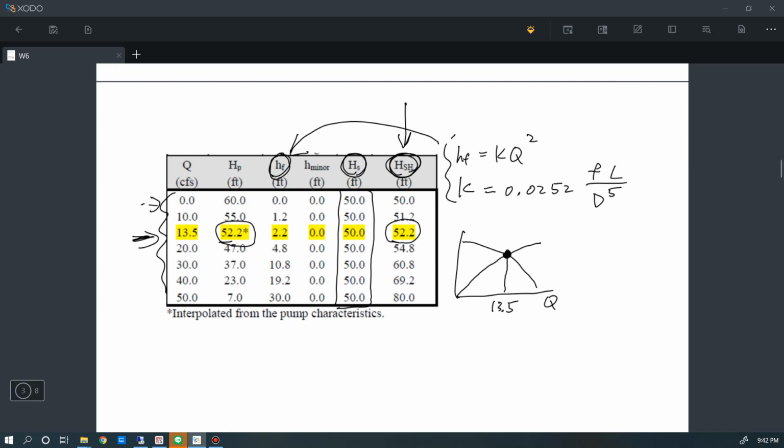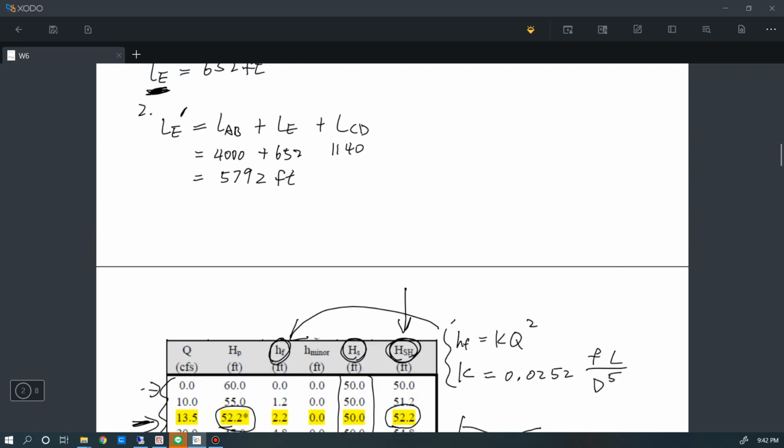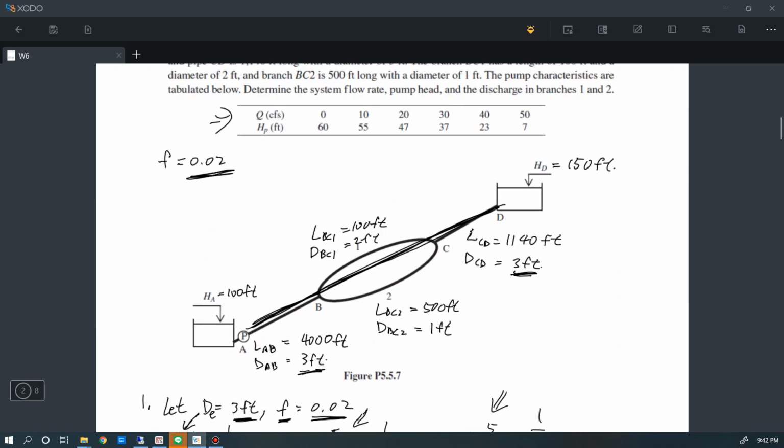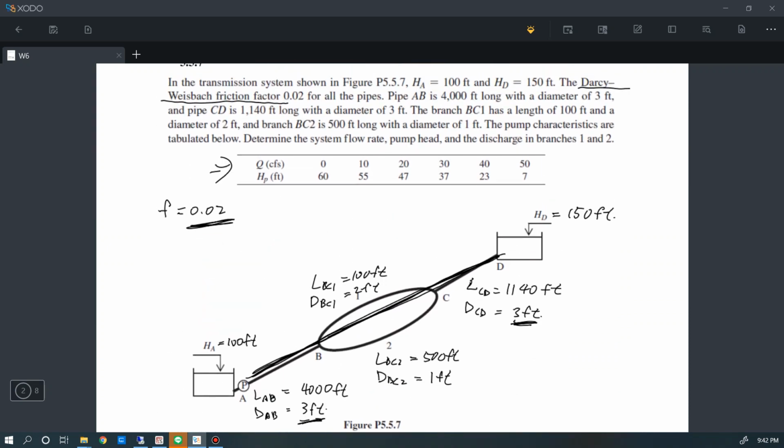So now we have the flow rate for this pipeline. But the question asks us to further solve for the pump head that we need and the discharge in branch 1 and 2. So now I just write down what we have solved. The flow rate is equal to 13.5.